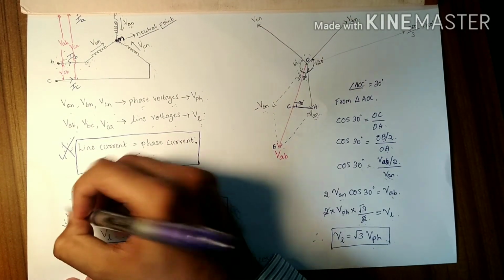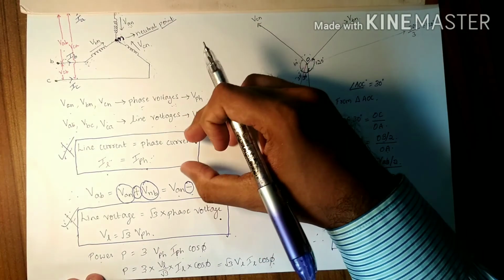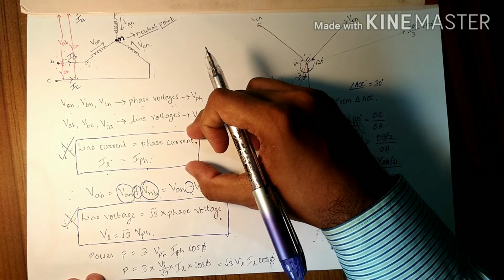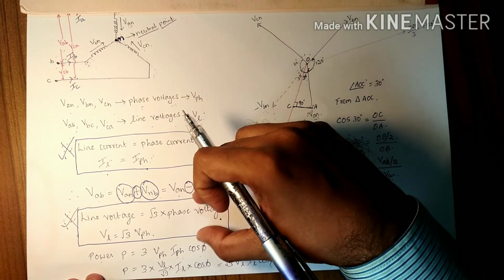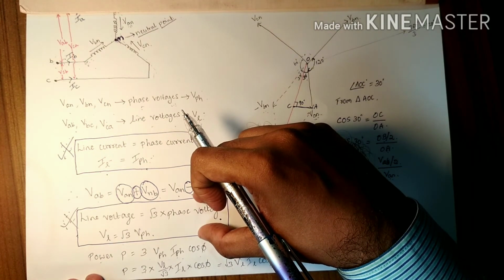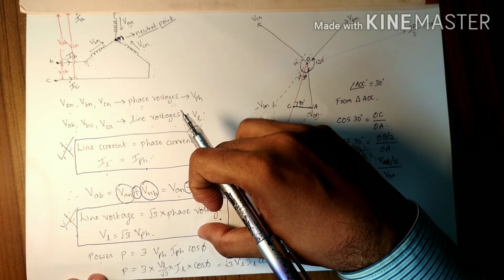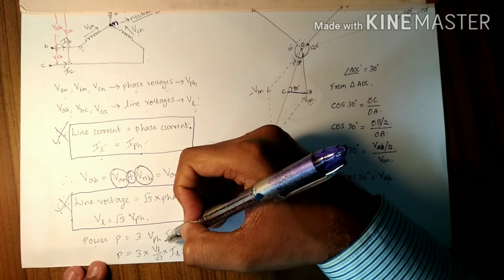Very, very important. For a star connection, line current is equal to phase current, but line voltage is equal to root 3 times phase voltage.